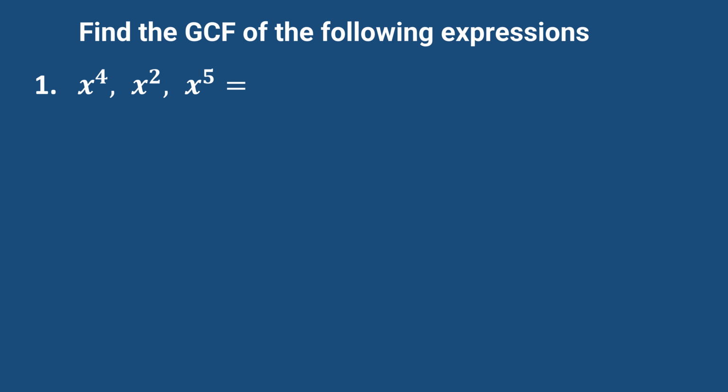So what is the GCF of x to the 4, x to the power of 2, and x to the power of 5? The best thing to do is to find the expression with the least exponent. Therefore, among x to the 4, x to the 2, and x to the power of 5, x squared is the least.